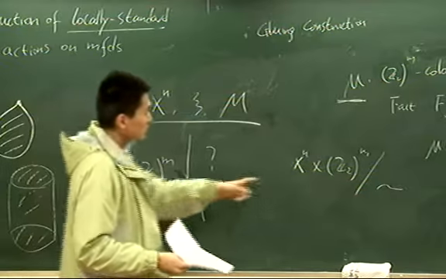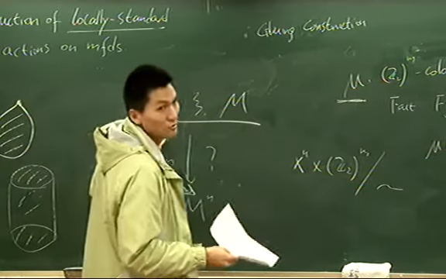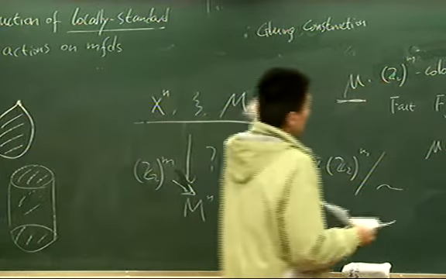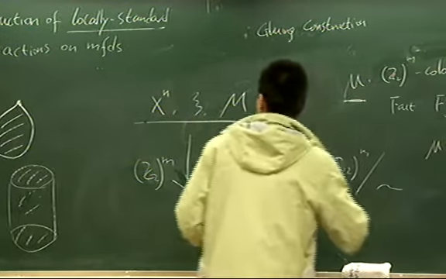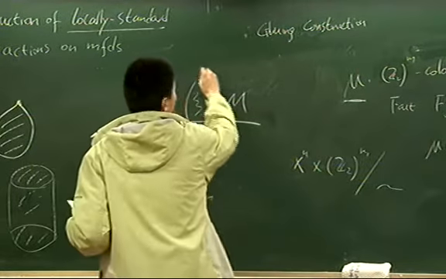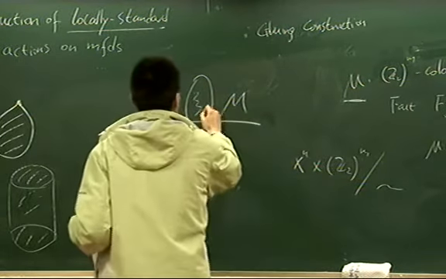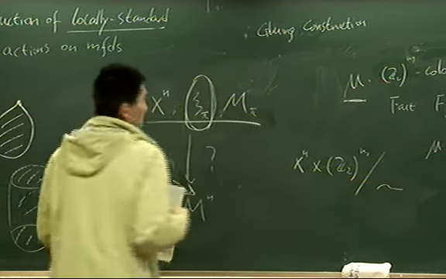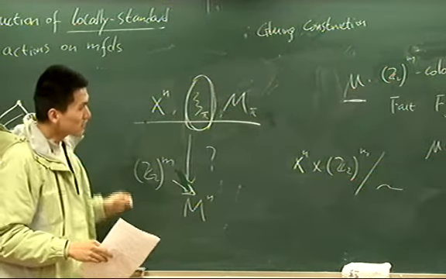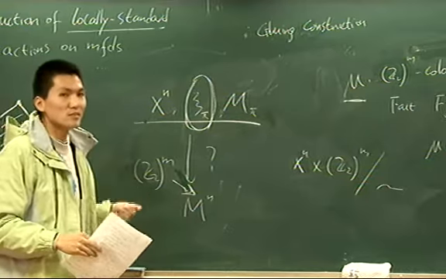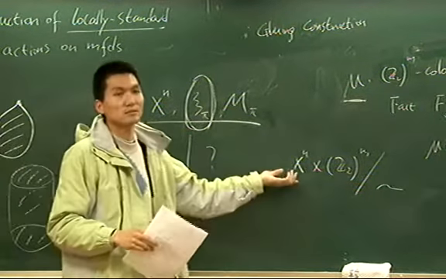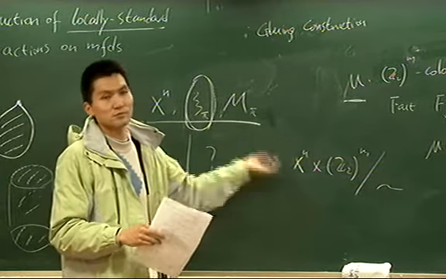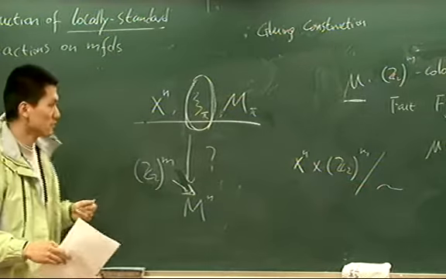But I cannot directly use this when X is not contractible, because the principal bundle cannot be directly interpreted as some sort of coloring on the facets of the underlying space.